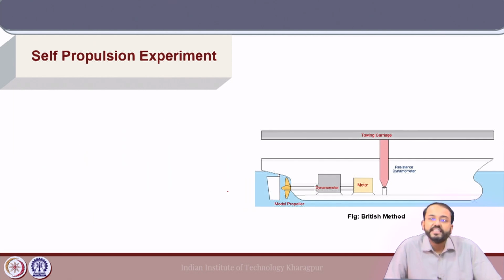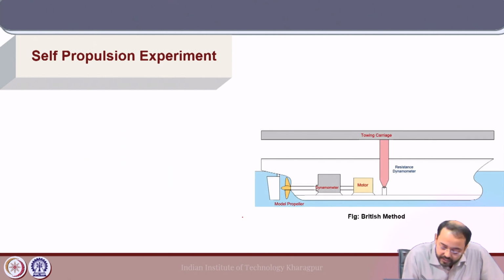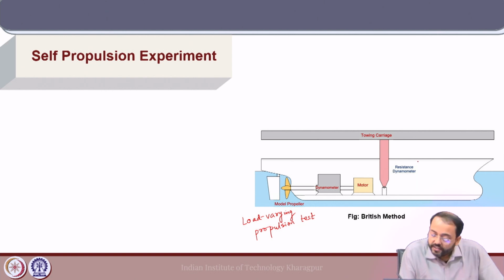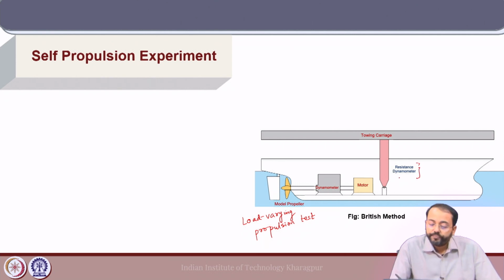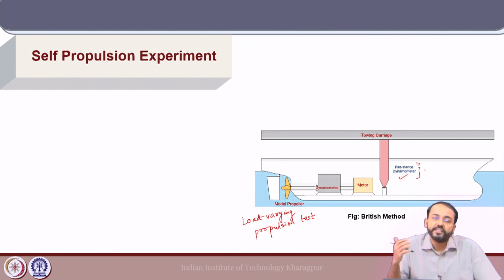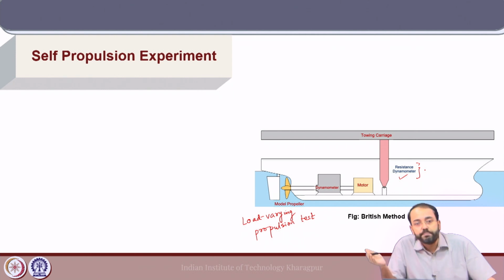The next method is the British method, which is also called load varying propulsion test. Here the model is connected to the carriage through a resistance dynamometer, and the model is towed by the carriage at a specific model speed, which is the Froude scaled version of the ship speed, let us say for the design condition, and the RPM of the model is gradually varied in steps.